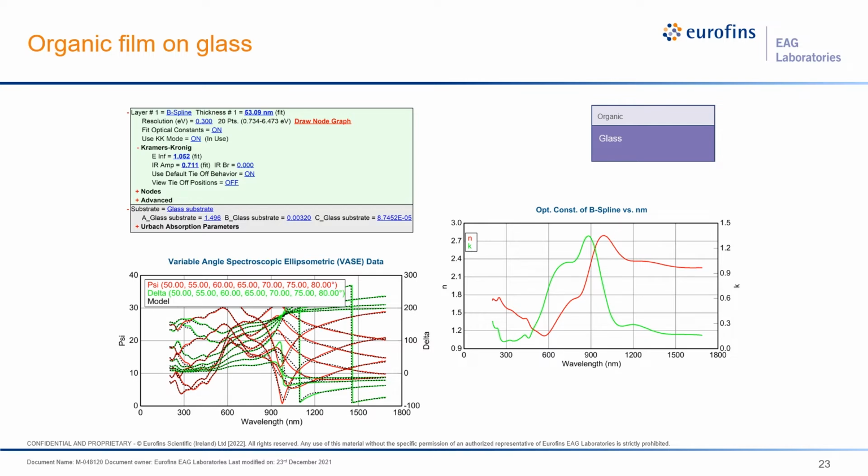This means that we can fit for the value of the layer thickness, which turns out to be around 53 micrometers, as is shown here. The result of the fitting can be seen again on the right side of the slide, where we see a rather complex behavior of the extinction coefficient as a function of wavelength. This type of behavior is normal for absorbing polymer films.